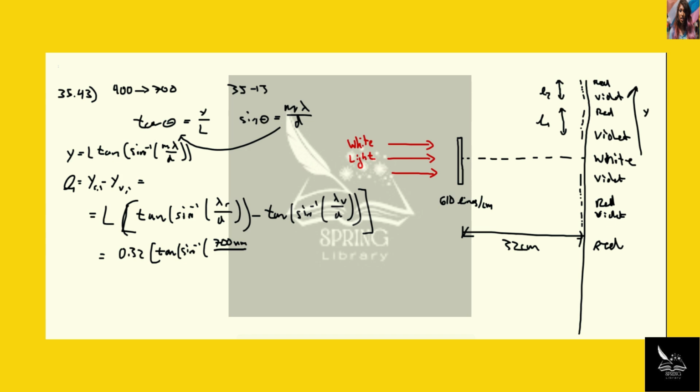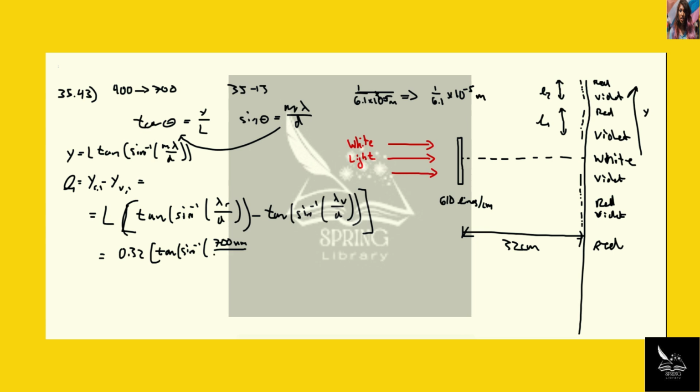If we rewrite that, this is the same as 1 over 6.1 times 10 to the 5 meters, or 1 over 6.1 times 10 to the negative 5 meters is our d.